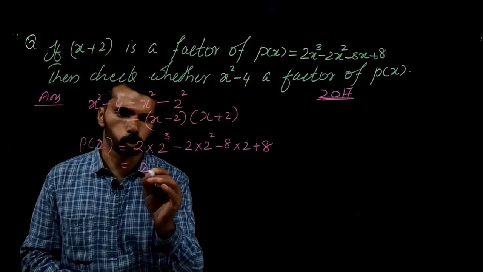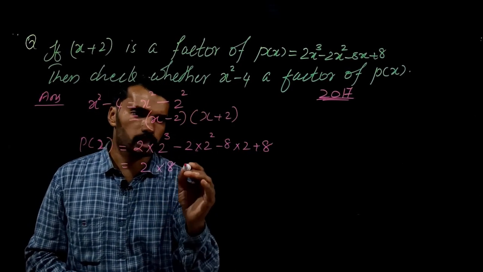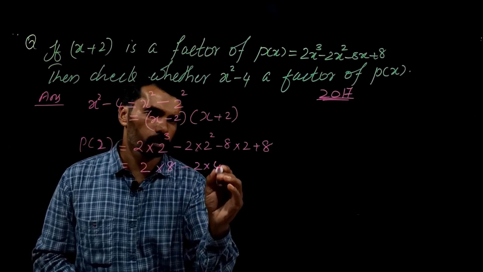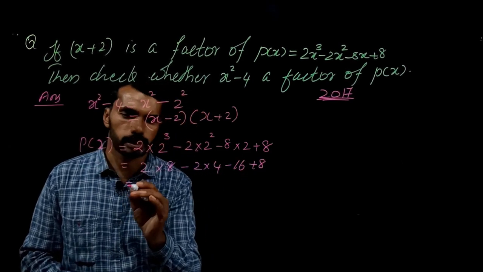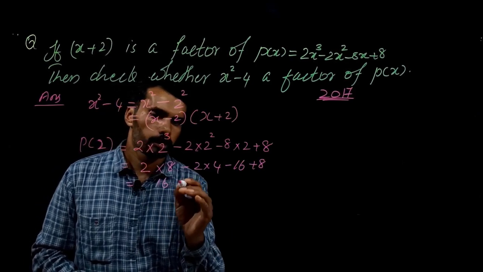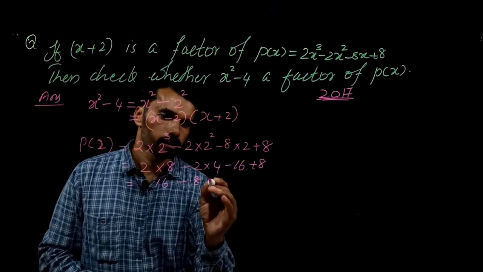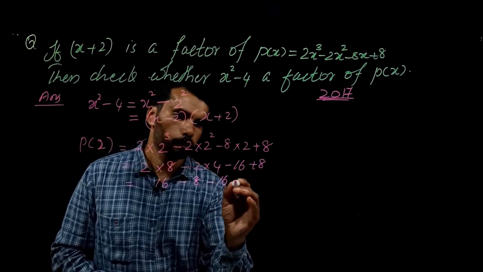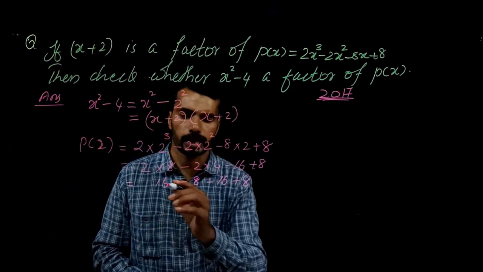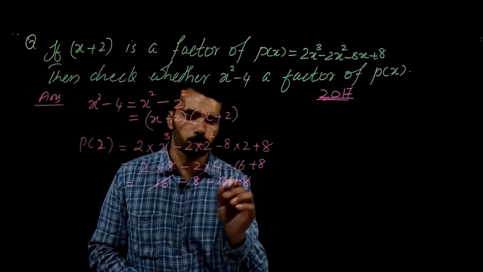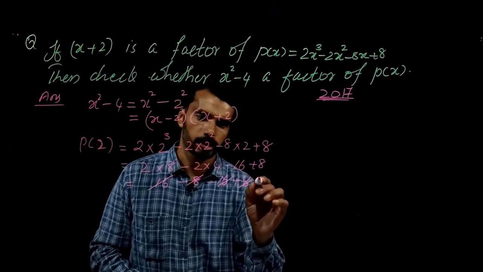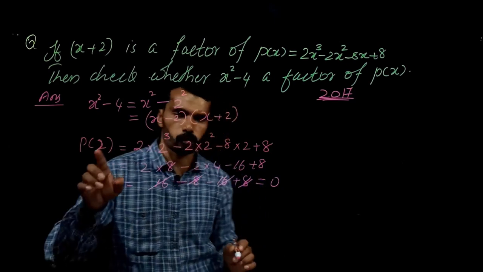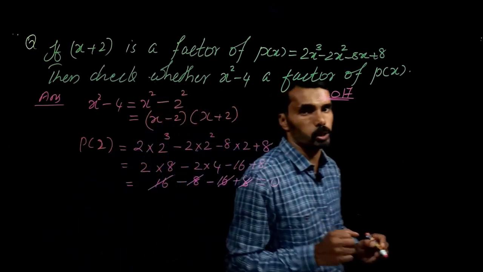This is equal to 2 into 2 cube 8 minus 2 into 4 minus 16 plus 8. That is, this is equal to 16 minus 8 minus 16 plus 8. That is, plus 16 minus 16 cancelled, minus 8 plus 8 cancelled. So this is equal to 0. So we got P of 2 is equal to 0.